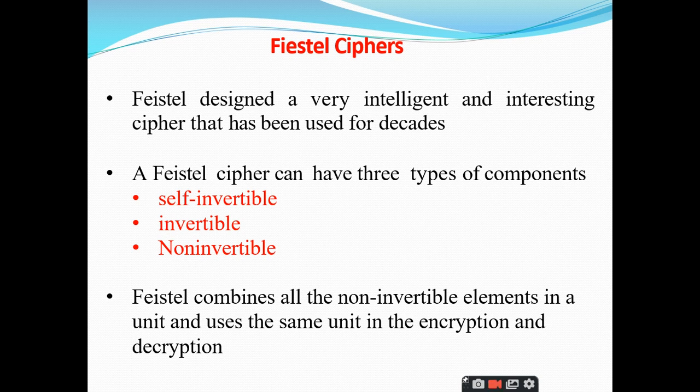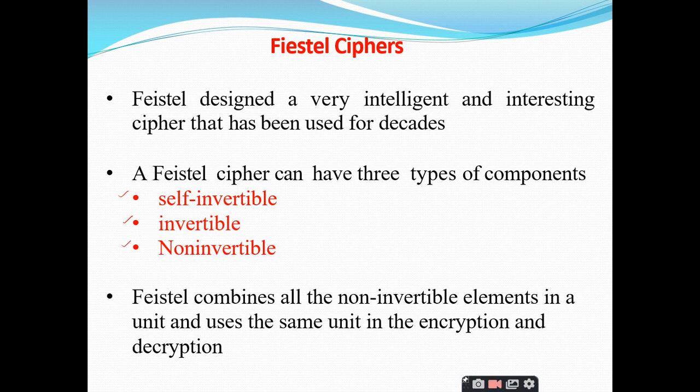As I told you, the Feistel cipher has 3 types of components. Actually there are only two, the invertible and the non-invertible, but you can also make use of the self-invertible, which comes under the category of invertible components only. So the Feistel cipher consists of three different components: the self-invertible components, invertible components and the non-invertible components.